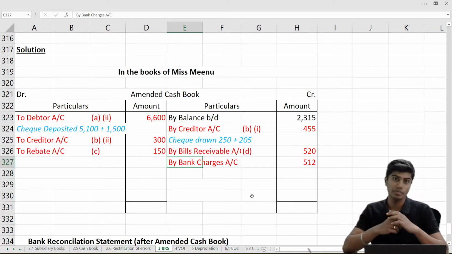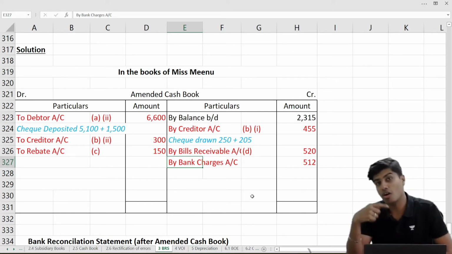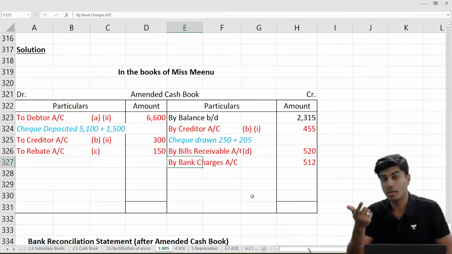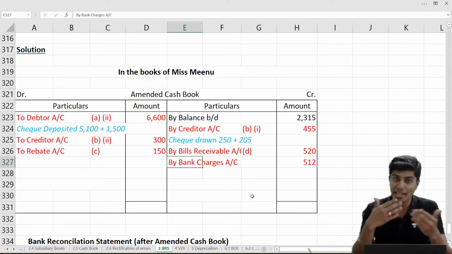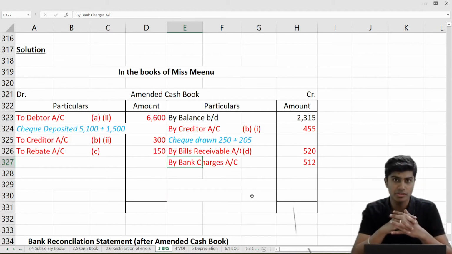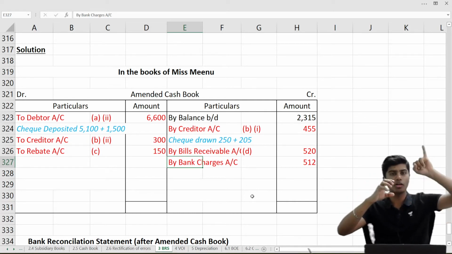We have now recorded it. Next, in the passbook the correct amount should be 512. They've wrongly recorded 521, meaning they've charged 9 rupees more. Once the bank realizes this, they would correct it themselves. So the passbook balance has to be decreased. Correct or not?